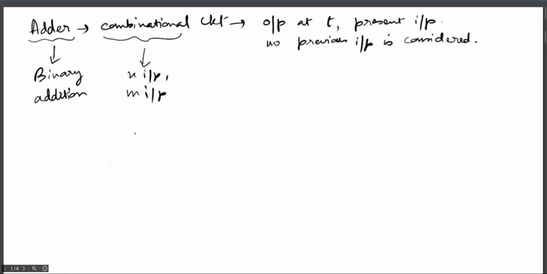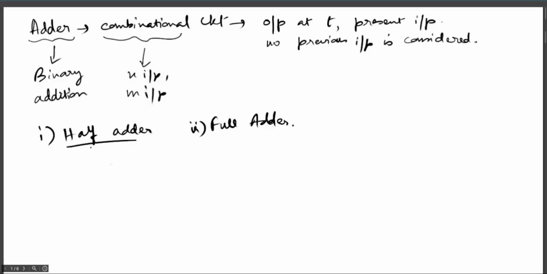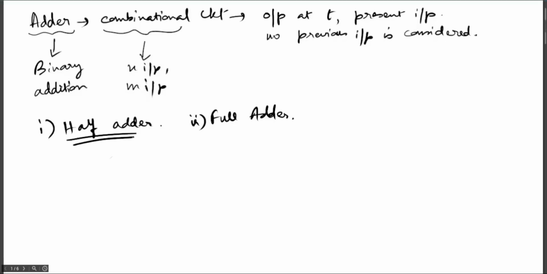There are two types of adder circuits that we need to consider. The first one is called half adder, and the other one is called the full adder. These two have a subtle difference which we will come to in due time. So today we will first discuss the half adder.